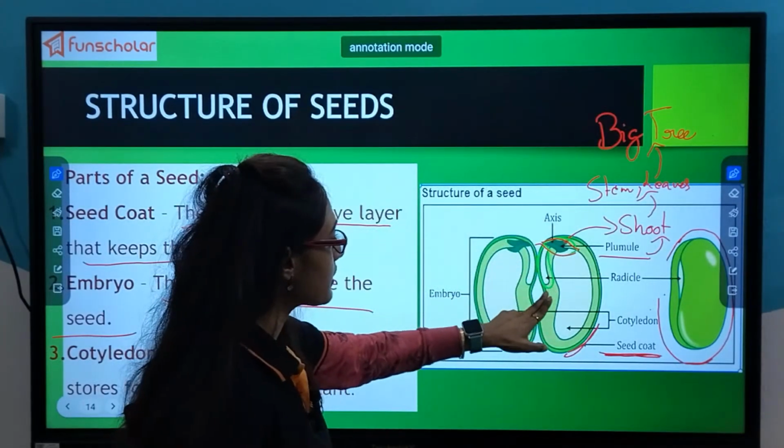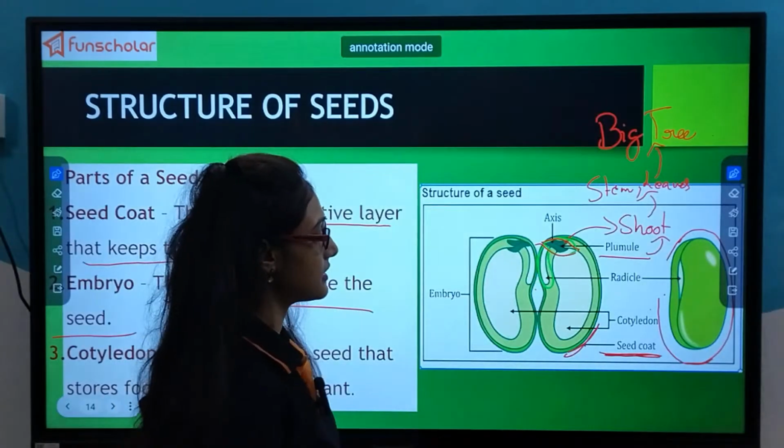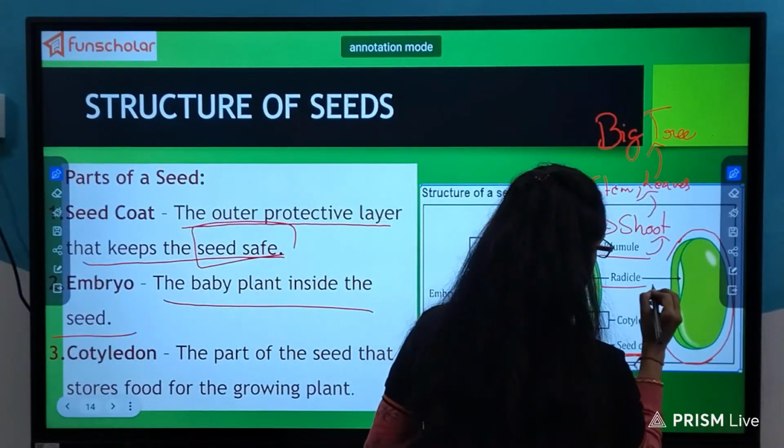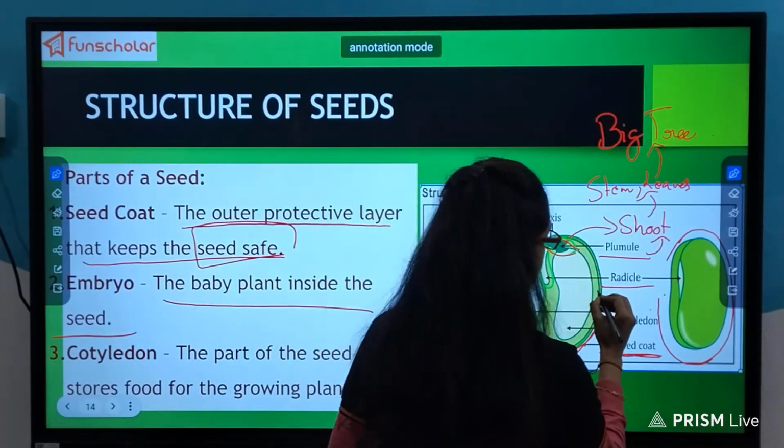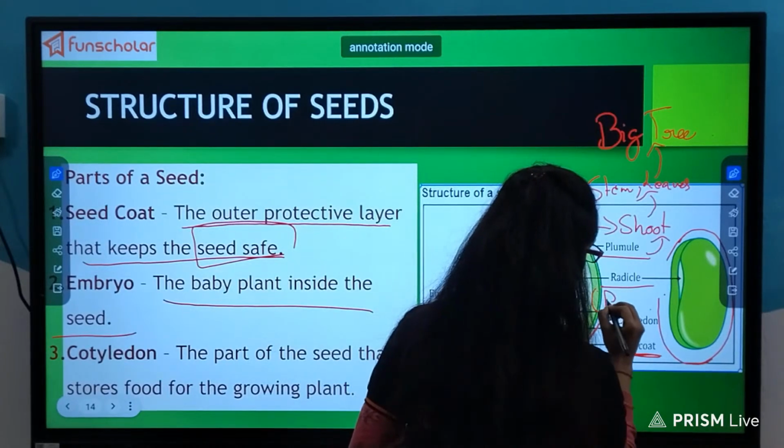And this lower part, which is white in color, is known as radicle. This forms the future root.